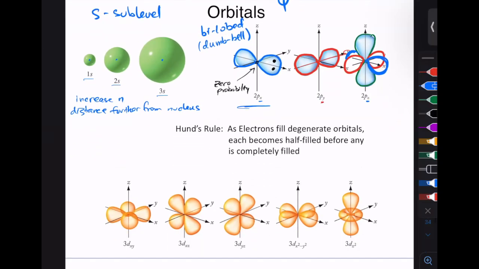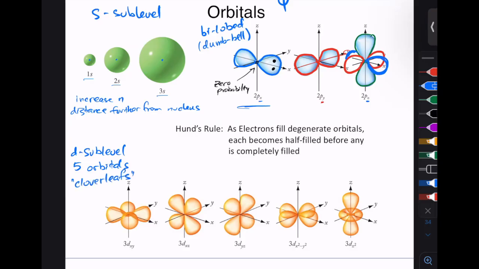It gets even more complicated when we get to the d sublevel, and even more complicated when we get to the f sublevel. So I'm just going to show you the pictures, but it's really the same idea. Now at the d sublevel, we have 5 degenerate orbitals. But they're all degenerate, so they all specify the same energy level, sub energy level. So these we call clover leaves.